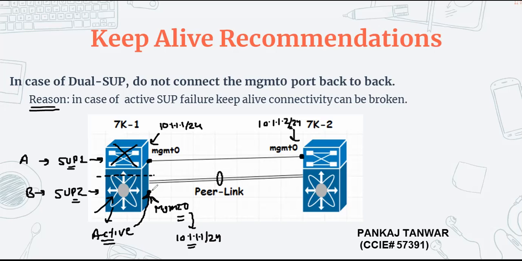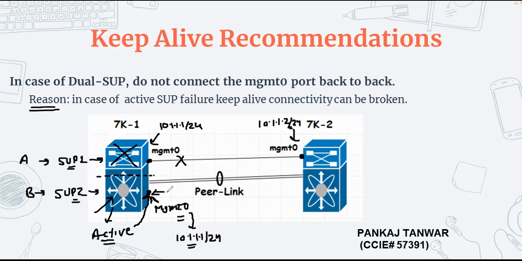But you can see here there is nothing connected on the management 0 interface, right? Because this link is down now, as the SUP is down, correct? So now there is no way for N7K2 to reach the supervisor engine 2 management 0 interface, right?